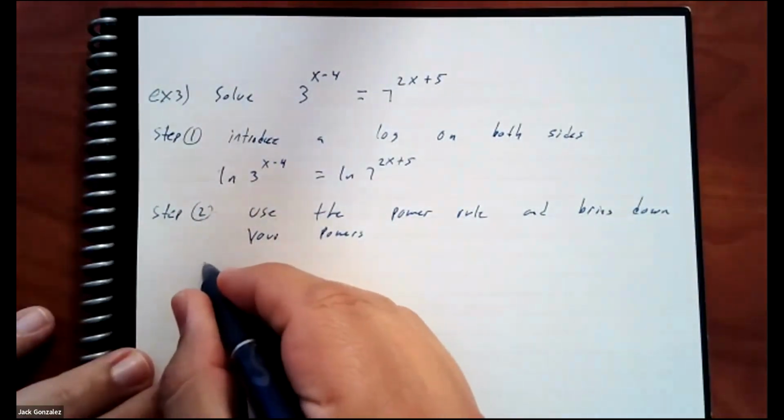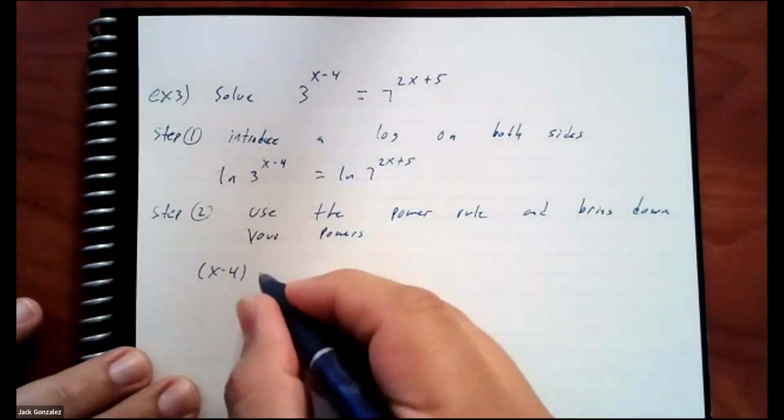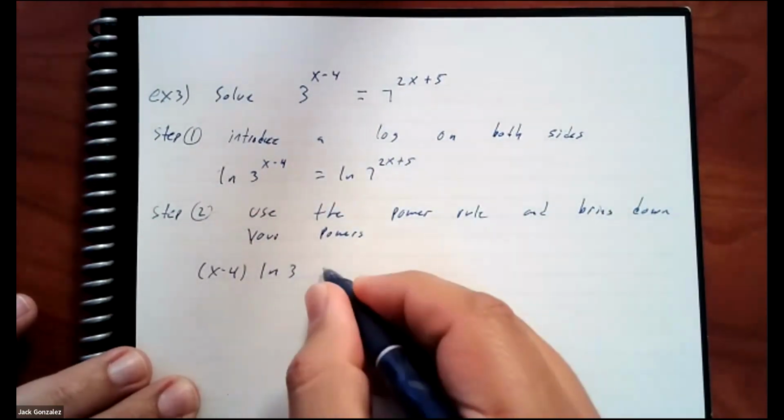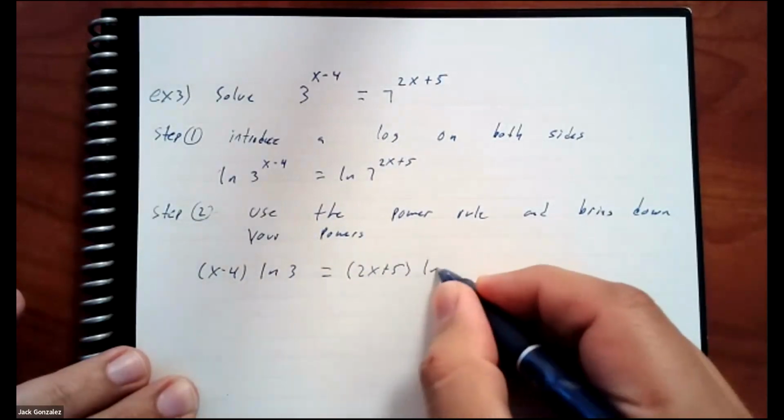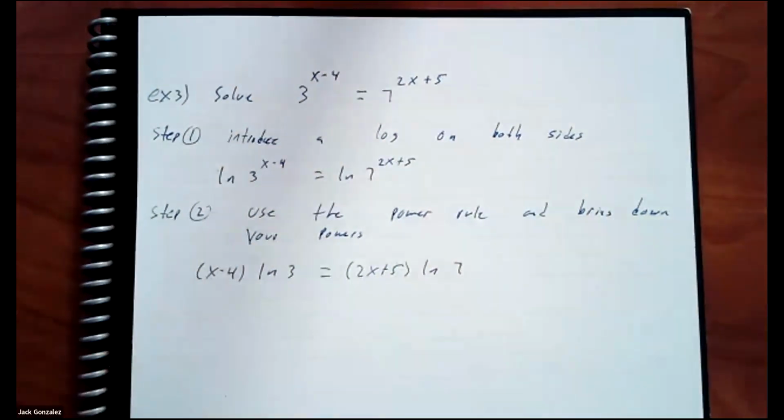So I'll bring down x minus 4 in front of the ln 3. Bring down the 2x plus 5 in front of the ln 7. So just put them in front. That's it. So now that they're in front, you can solve for x using basic algebra. So the new stuff is using the power rule and introducing logs. Everything after that is stuff you've learned before.